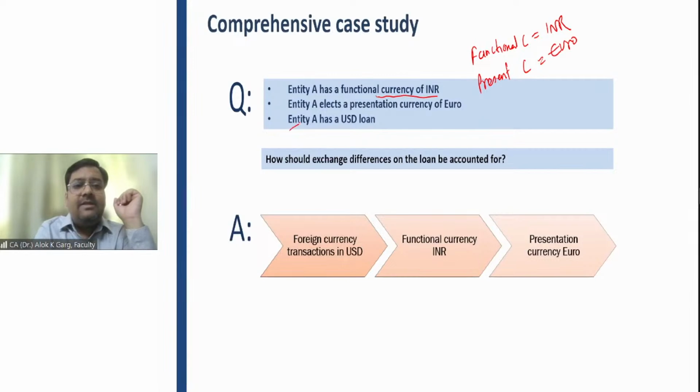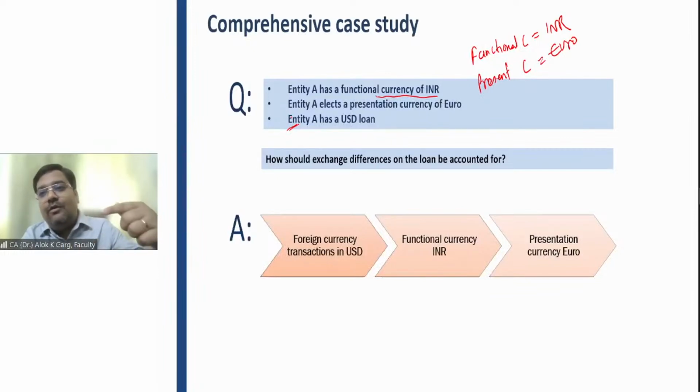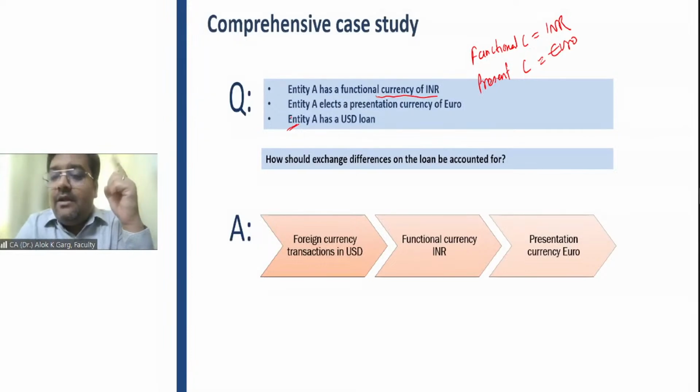The third one is the company has a US dollar loan, which means that this company has a foreign currency transaction. So friends, first of all, for converting this US dollar loan and recognizing it into INR, what will be applicable? Remember the first part. The foreign currency transaction has to be converted using the spot rate.